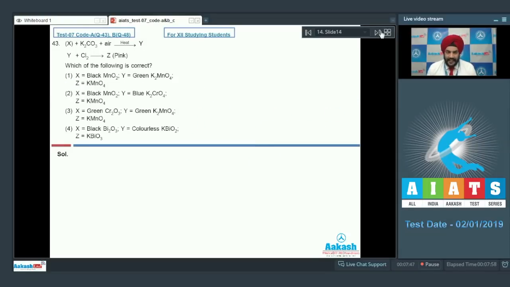Question number 43. We have been given a reaction sequence in which an unknown compound X is allowed to undergo reaction with K2CO3 in presence of air, and it is heated to form a compound Y. That Y is further allowed to react with Cl2 to give us a pink color compound Z. So students, this reaction sequence is used for the preparation of KMnO4.